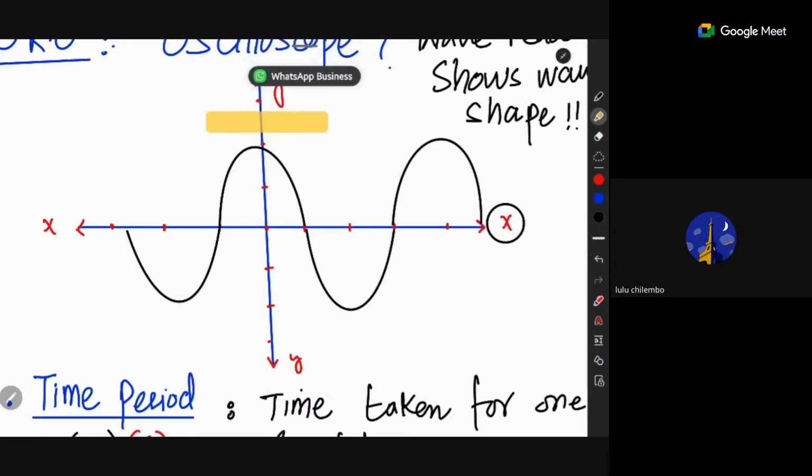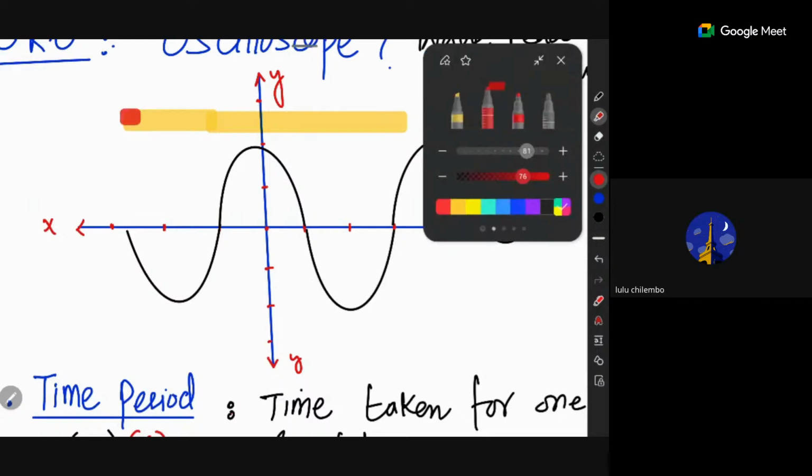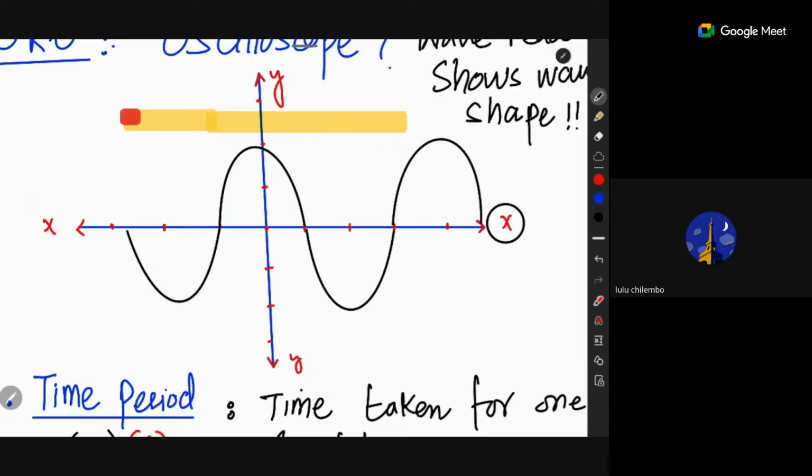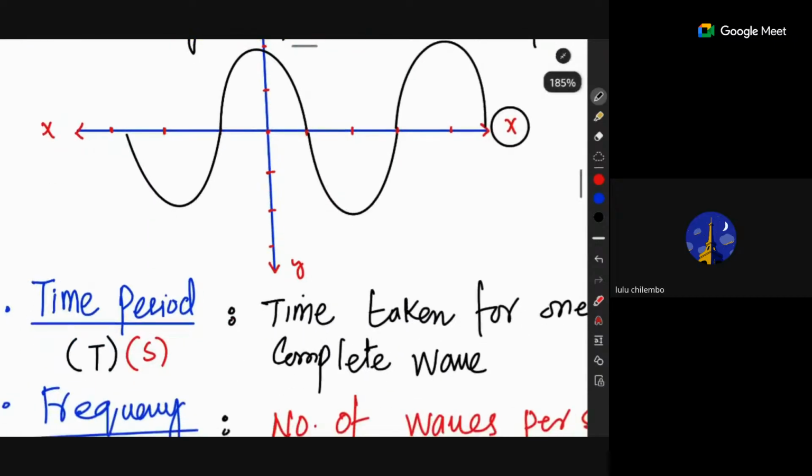The y-axis gives you voltage, the y-axis gives you current, distance or displacement, amplitude, etc. But the x-axis gives you the rest of the things.